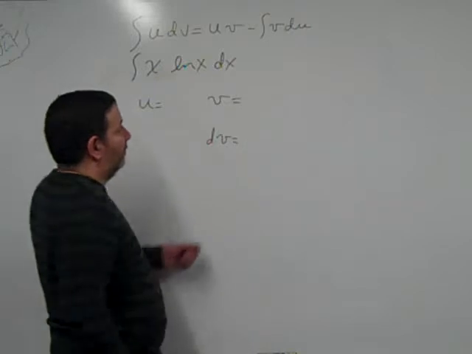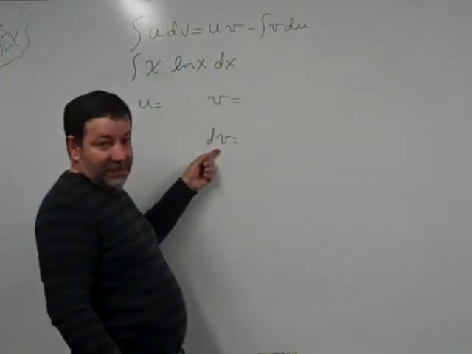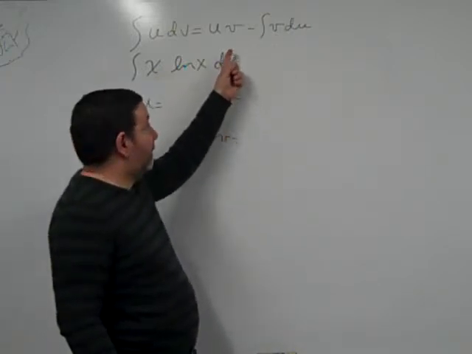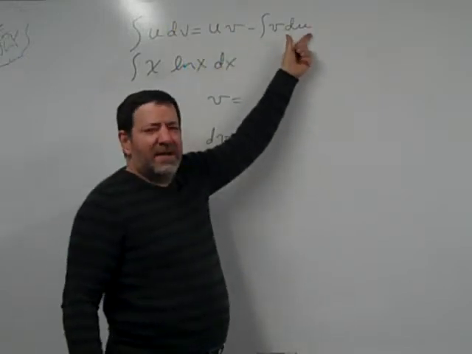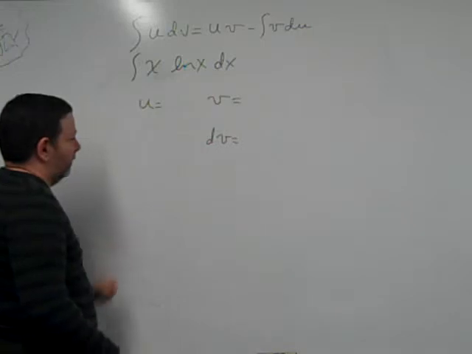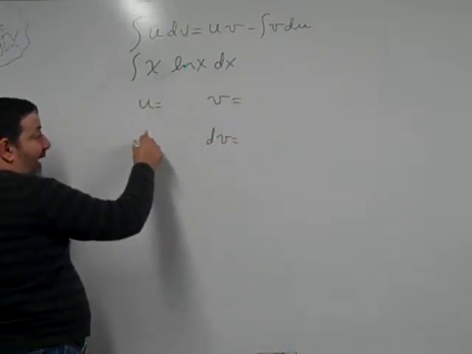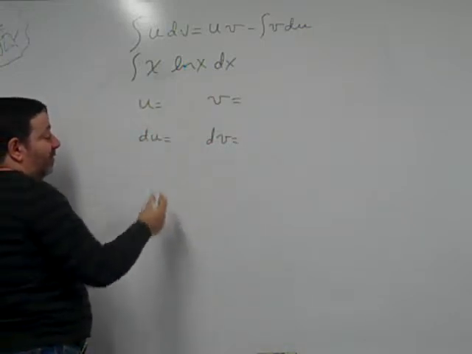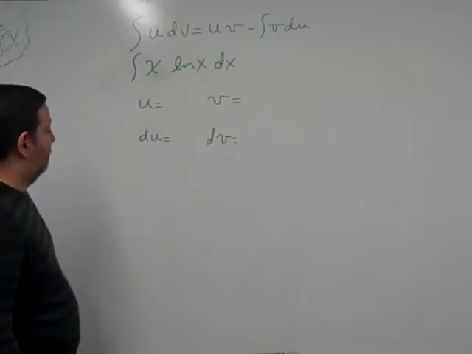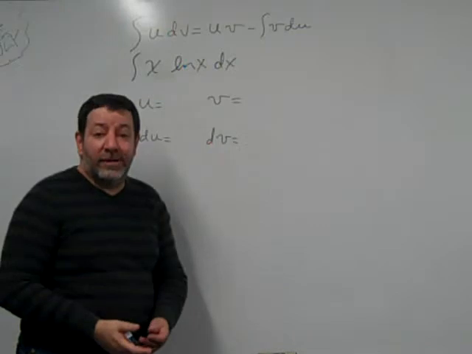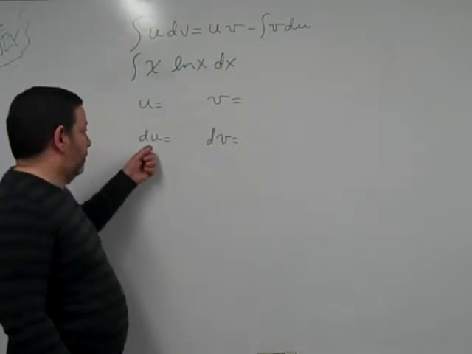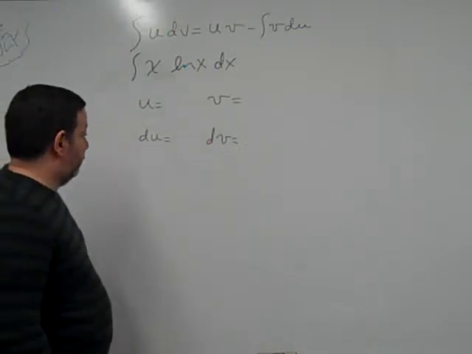And so I know v because I integrated dv and I found v. I found it there, so I know it here. And I have to be able to find du. Well, if I know u, I have to be able to differentiate it to find du, or find the differential of u to figure out what du is.